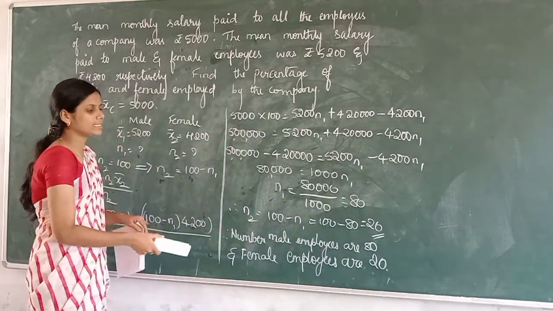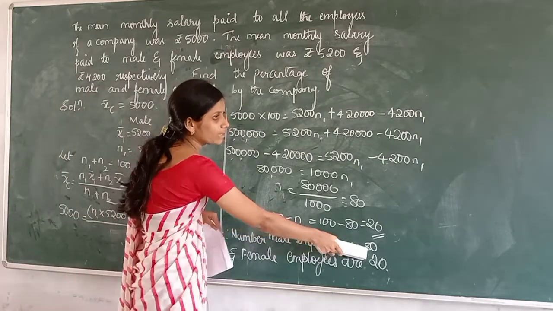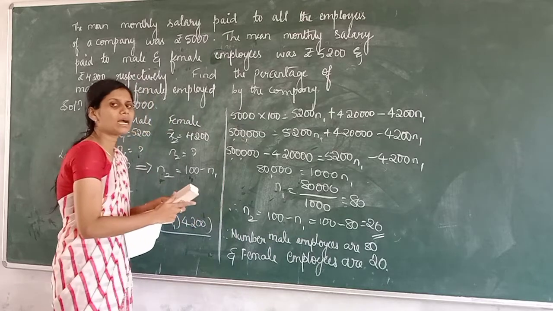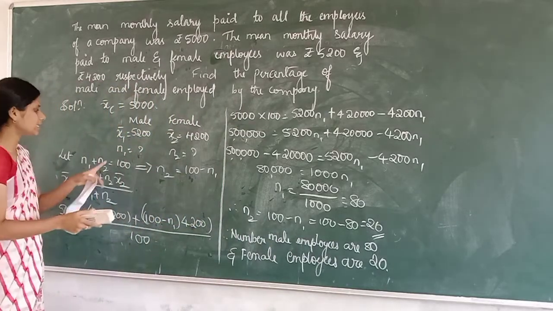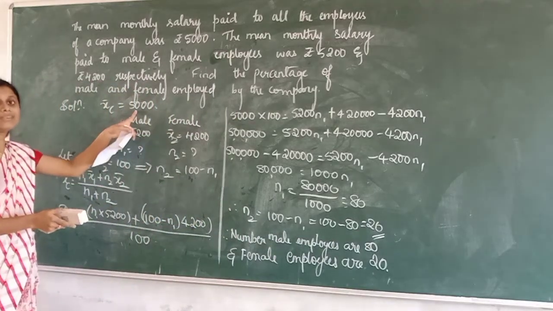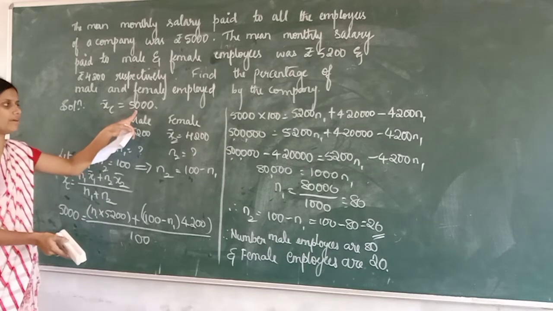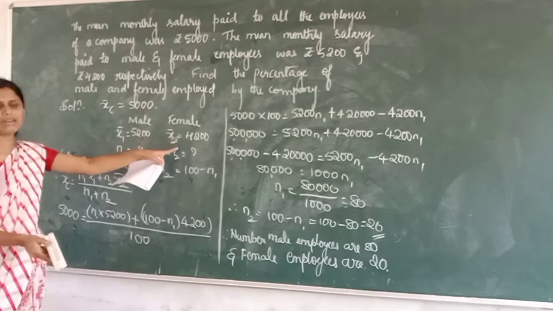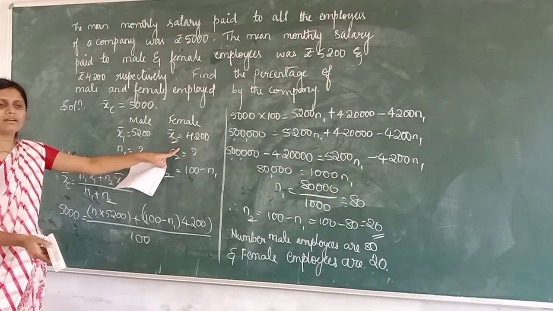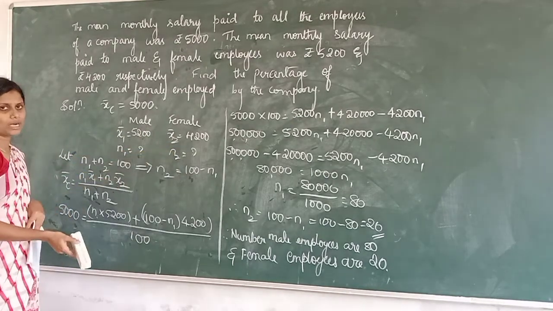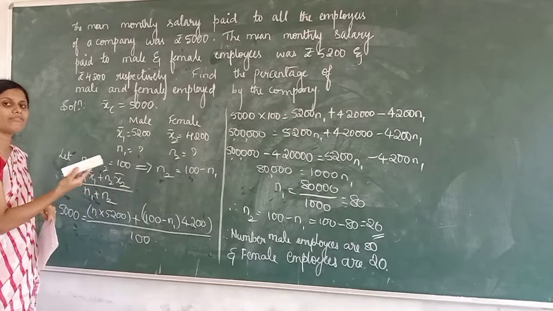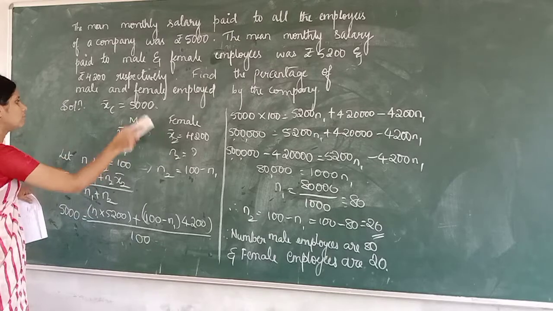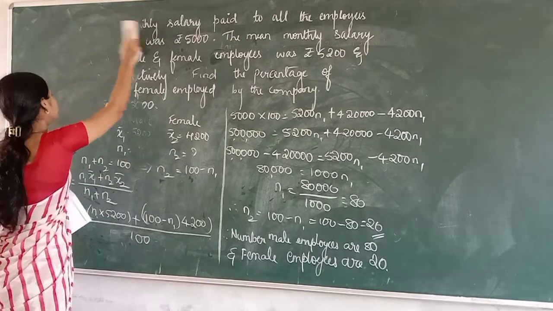So we can say that 80% male are employed, whereas 20% females are employed in this company, where the combined mean salary is 5,000, whereas the mean salary of male is 5,200 and the mean salary of female is 4,200. So like this we can find out the two missing values with the help of the combined mean. This is how we have to do the solution.